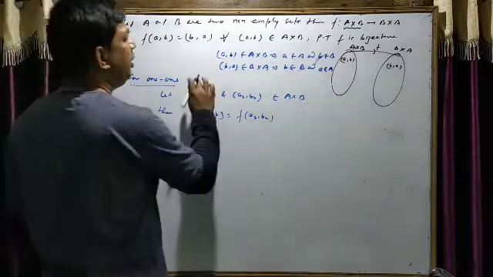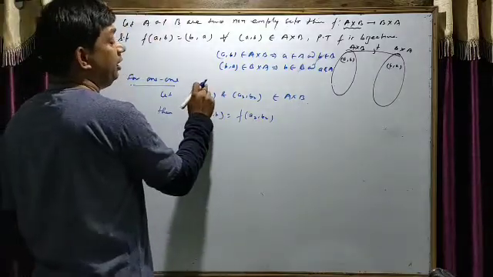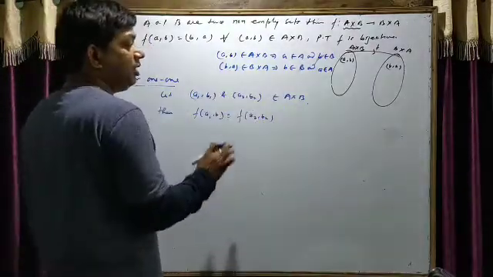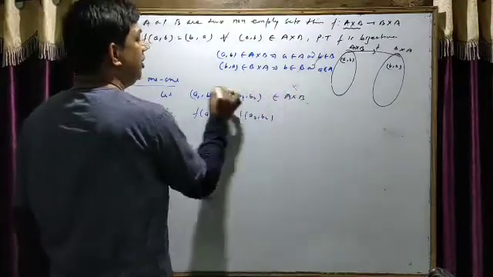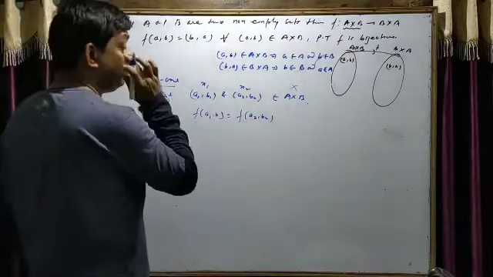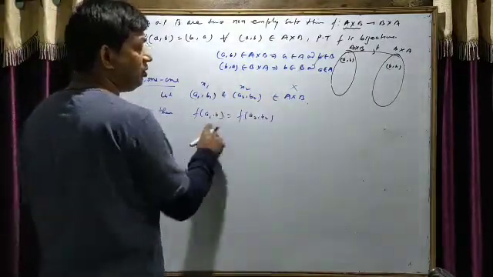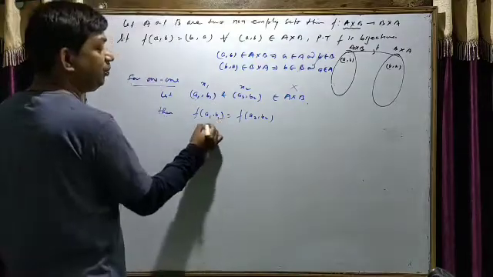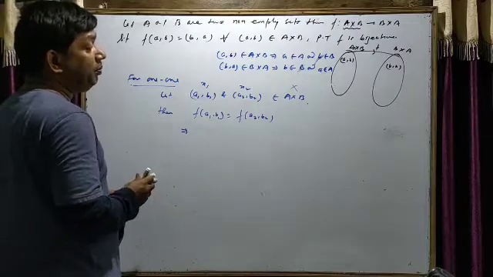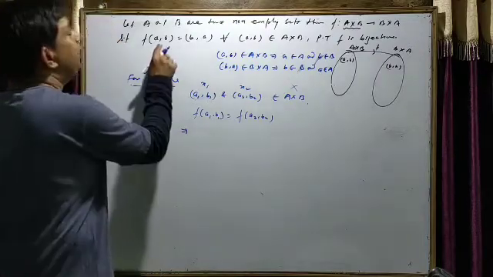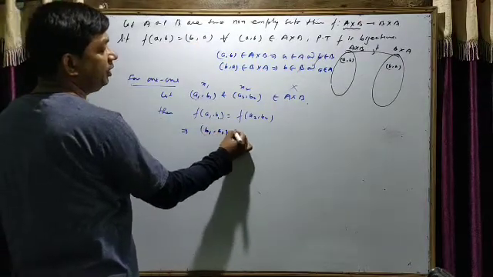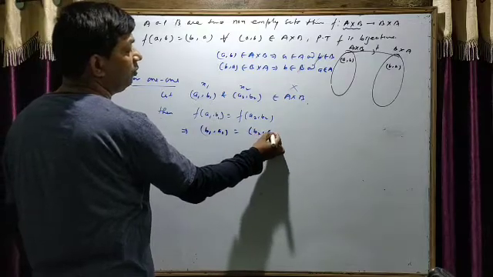The thing is almost the same as earlier, where we took x1, x2 belonging to A cross A. In that place, suppose this is X, with x1 and x2 belonging to X, same thing. After that I have to take f of x1 equal to f of x2. So this implies, by definition, the things will be reversed: (b1, a1) equal to (b2, a2).